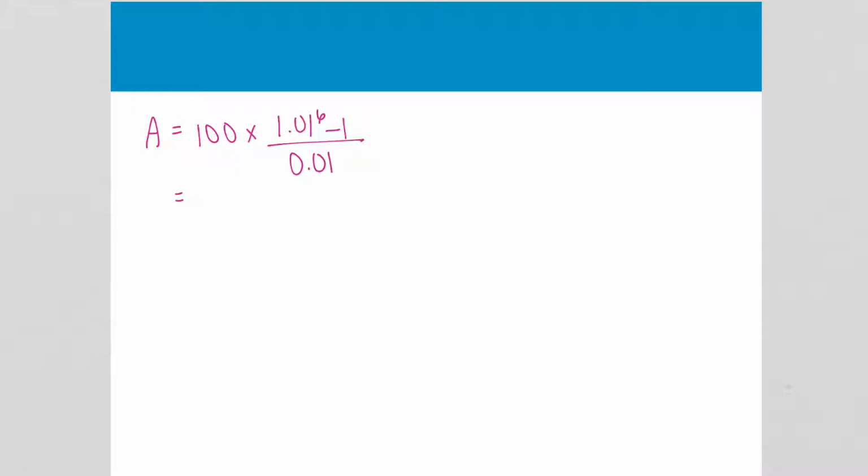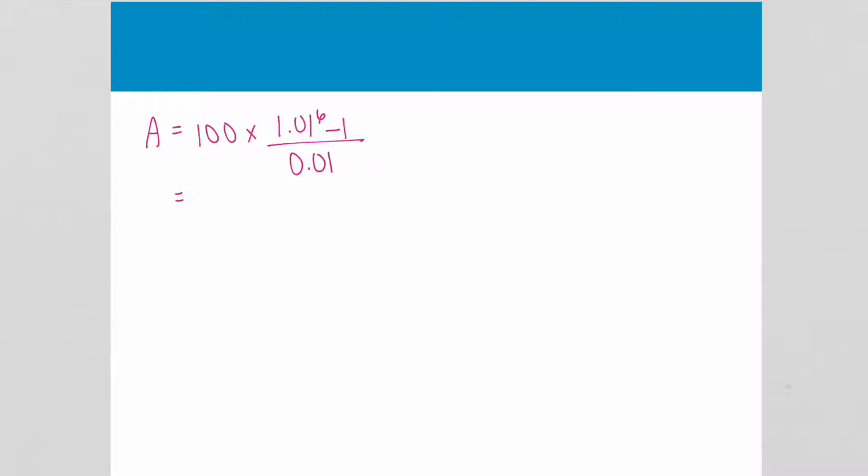Okay, so if you take 1.01 to the 6th power and subtract 1, because that's what you would do first with the order of operations, do your exponent, then subtract 1. You're going to get a decimal.